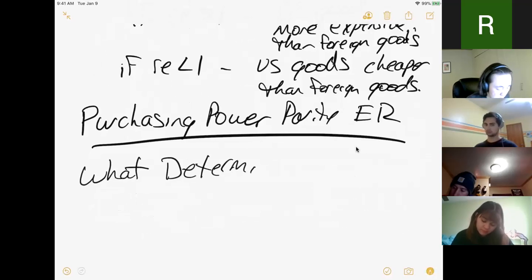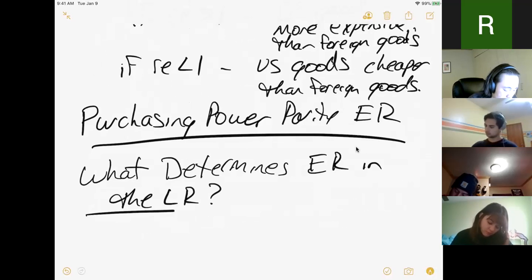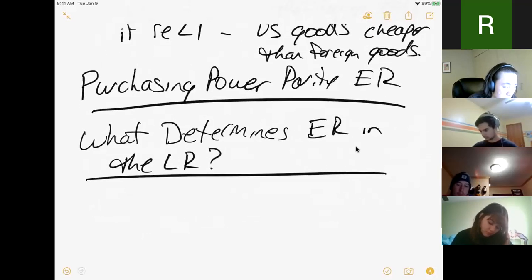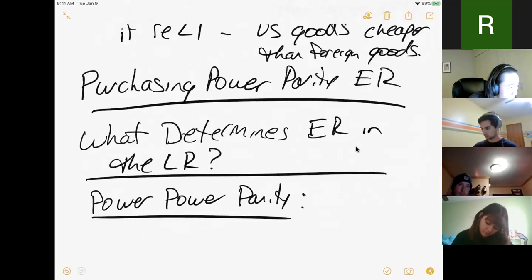What determines exchange rates in the long run? Well, what determines them is this idea of purchasing power parity. And purchasing power parity is a pretty straightforward idea.